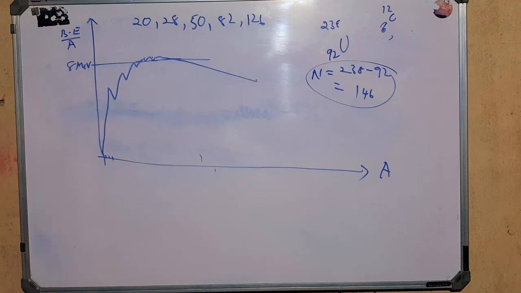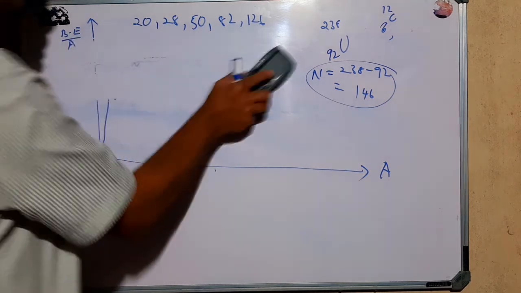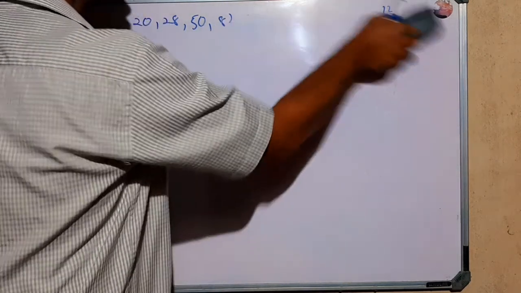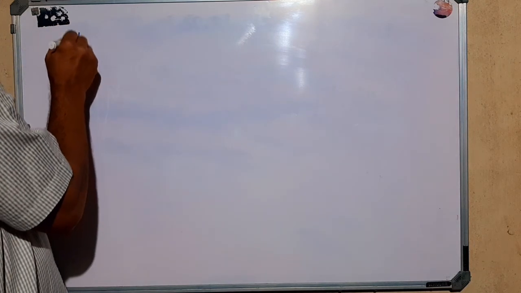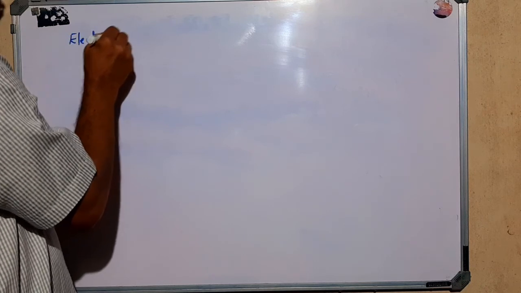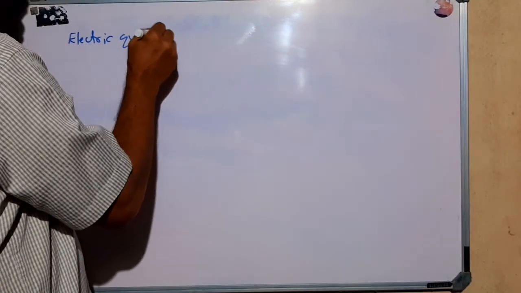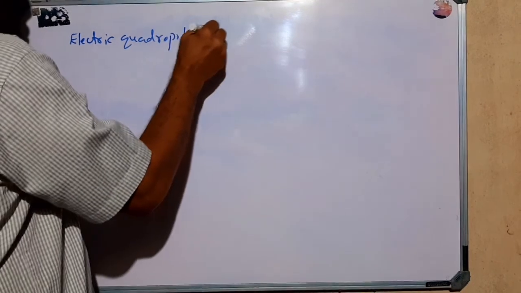Now, what is the shape of the nucleus? Whether it is spherical in shape or something else? In order to understand the shape of the nucleus, we use the term electric quadrupole moment.